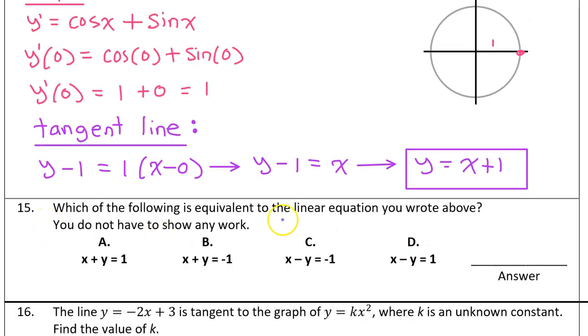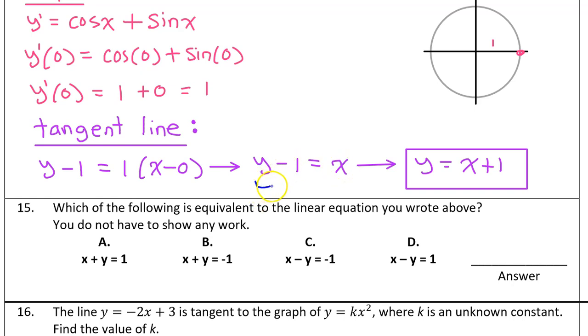Number 15 is related to what we just found. Which of the following is equivalent to the linear equation you wrote above? So I'm noticing that in all of these answers, they have the x and the y on the same side, and they've written it so that the x is positive. So I'm going to rewrite one of the equations that we have, but I'm going to do it putting the x and the y on the same side, leaving the x positive.